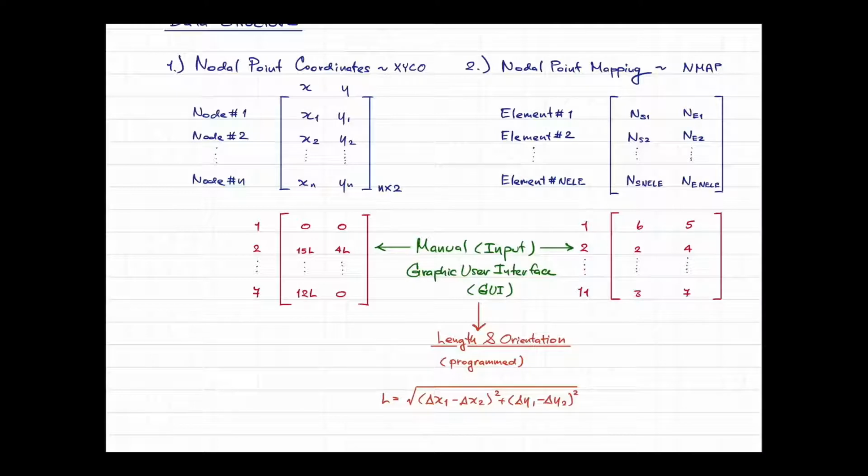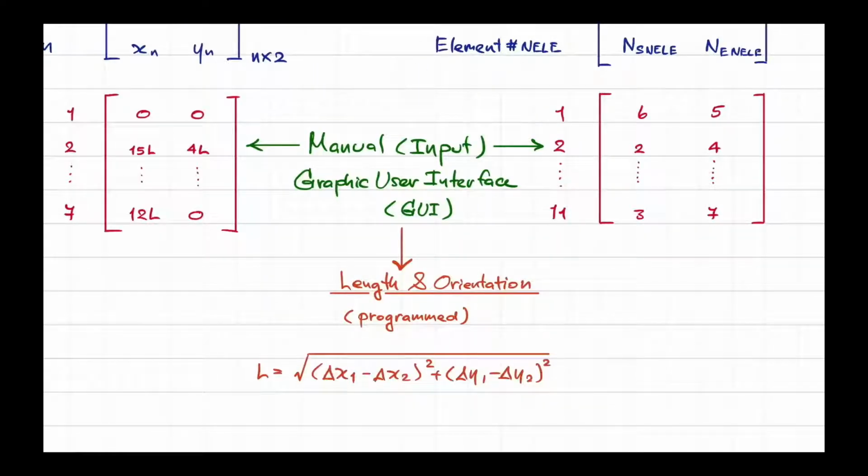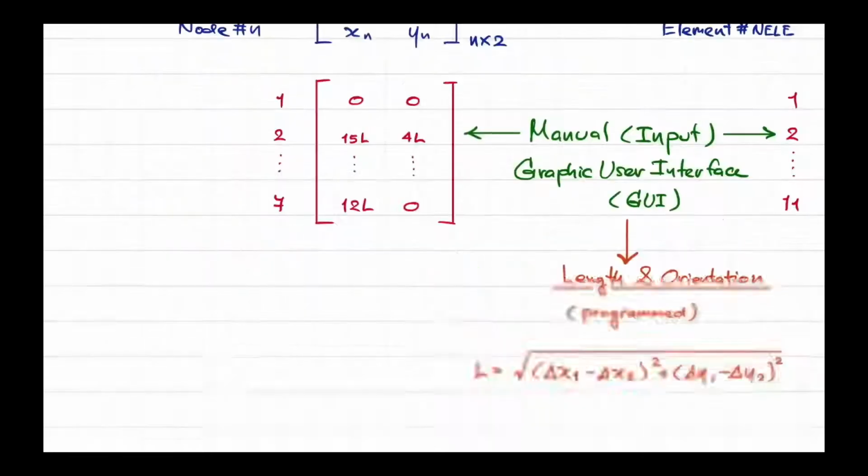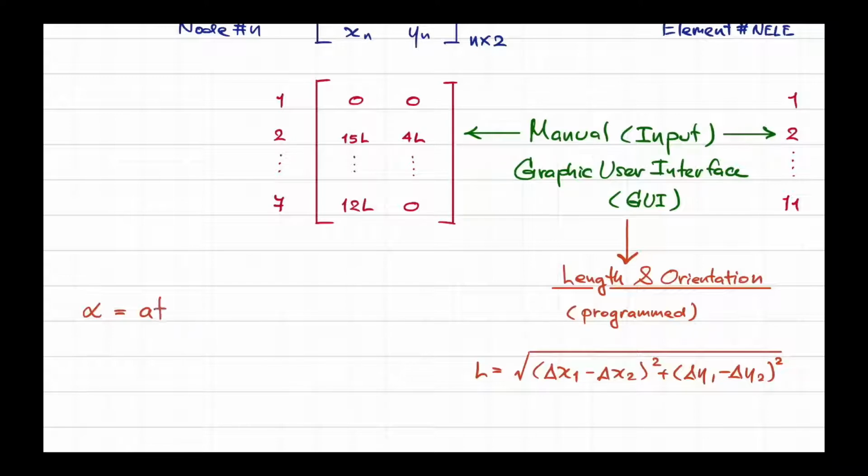The orientation, still easy, right? Arctangent. So orientation, if you want to find the angle, alpha, right? We use the alpha. Alpha is equal to atan, which is the arctangent of.